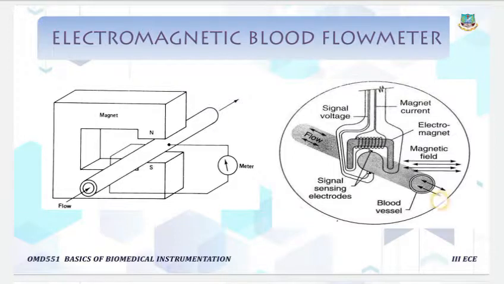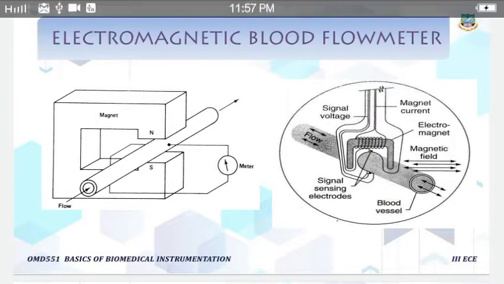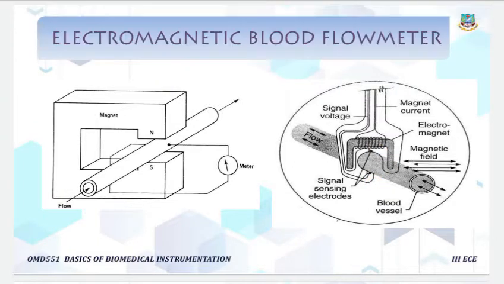In this figure, this is the blood vessel and this is the electromagnet. Here there are two signal sensing electrodes. Through the principle of electromagnetic induction, a magnetic field is generated perpendicular to the direction of blood flow. So the voltage, this is the electromagnet, this shape.